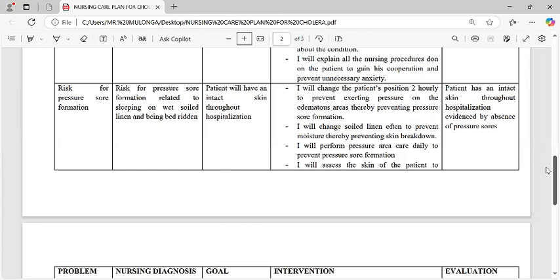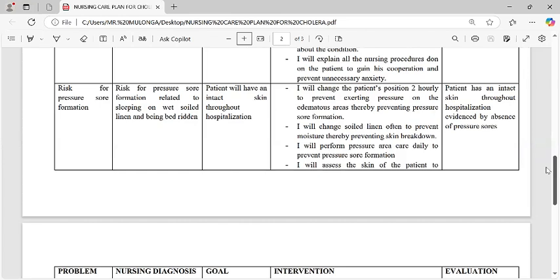Then we go to our diagnosis. Our nursing diagnosis is risk for pressure sore formation related to sleeping on soiled linen and being bedridden. So the reason why this patient will have or may have pressure sores is because they are sleeping on wet soiled linen, and they are bedridden in that specific time.